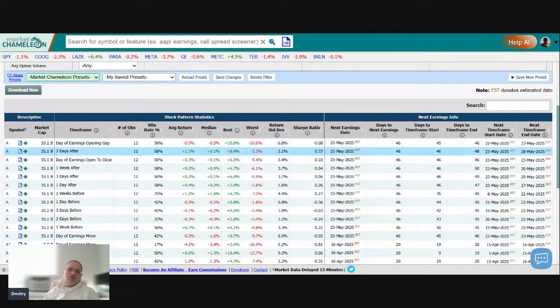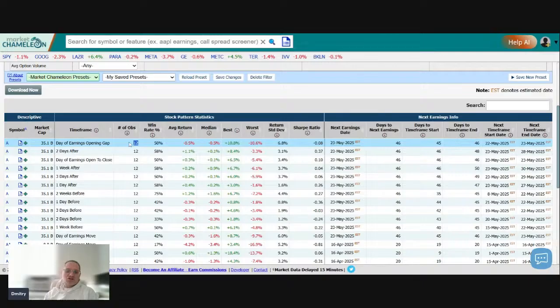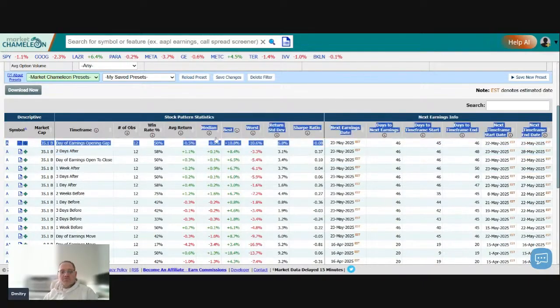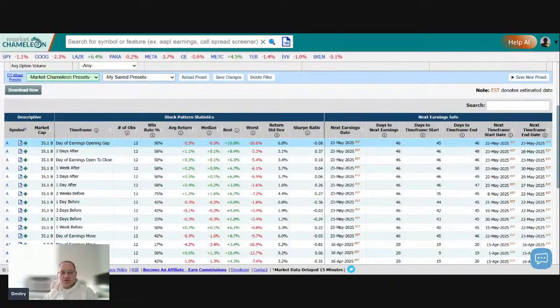Then here it tells us the number of observations that these statistics were calculated on. Here it looks at the last 12 earnings observations. Earnings happen once a quarter, so 4 times a year.